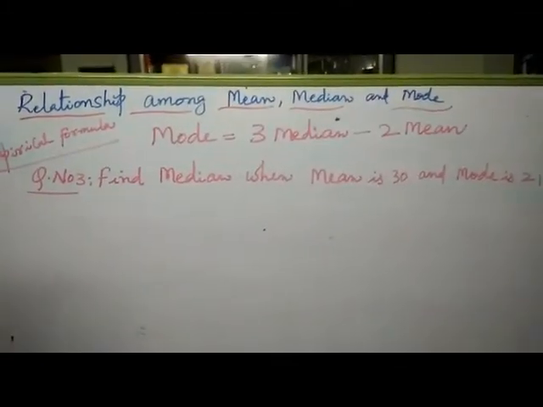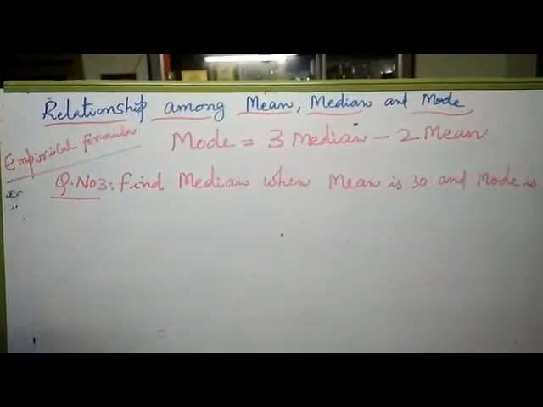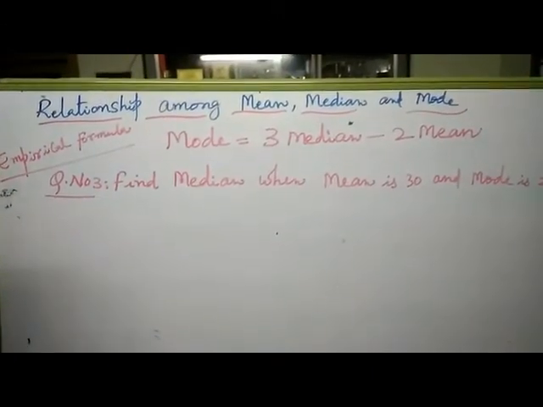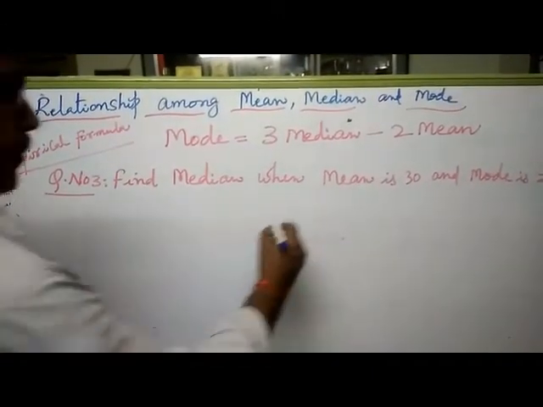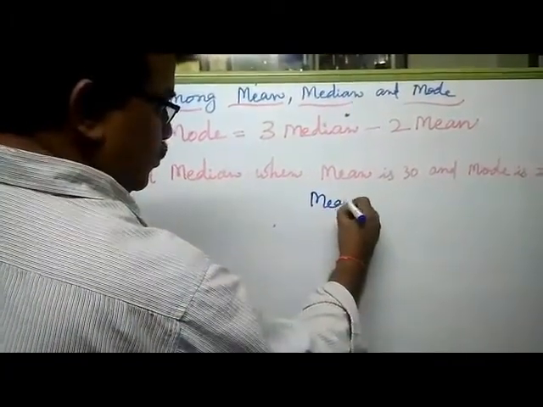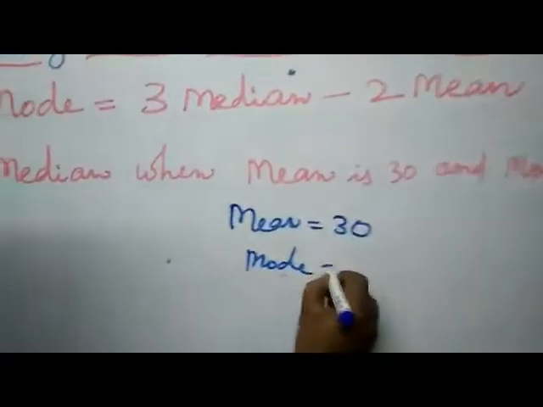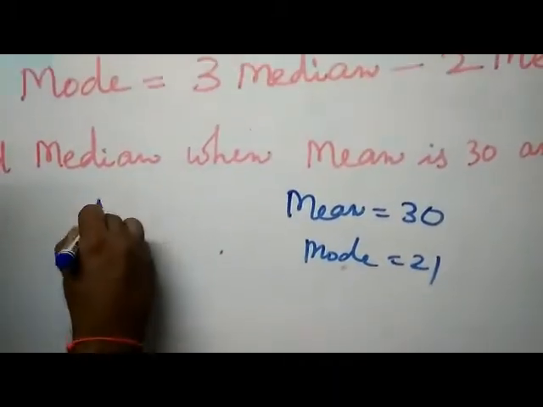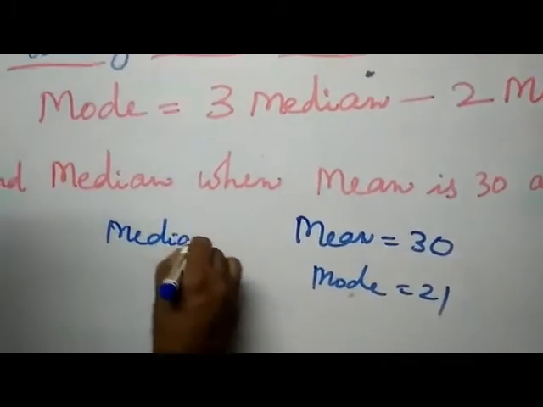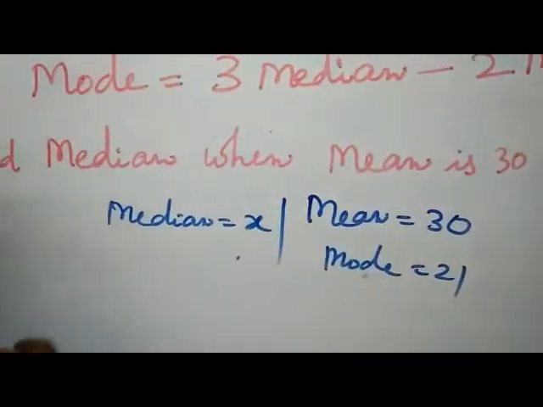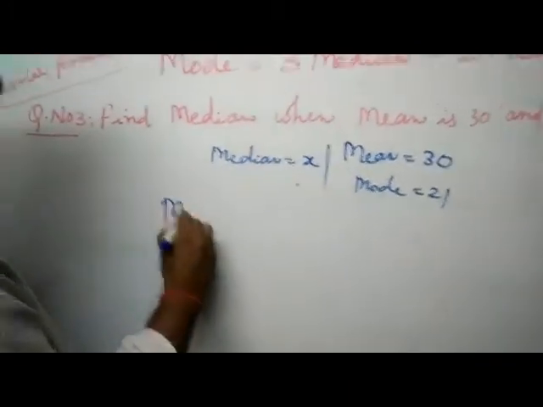One more question. Question number 3. Example 3. Find median when mean and mode are given. Here mean is equal to 30. Mode is equal to 21. Median is equal to x. Once again read the formula.